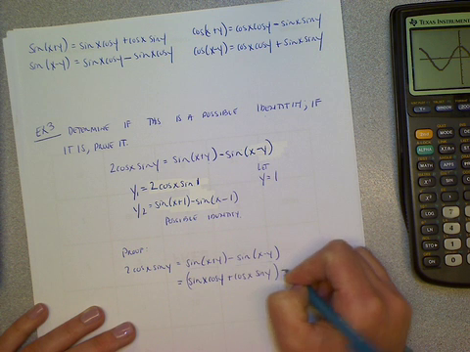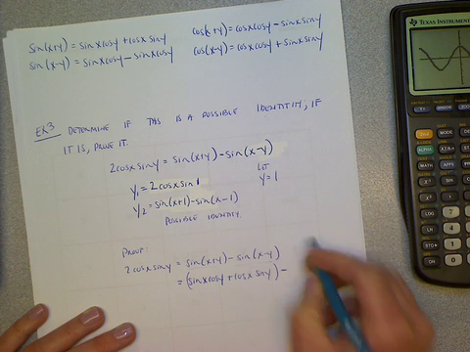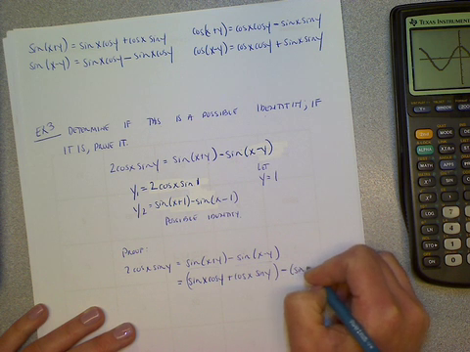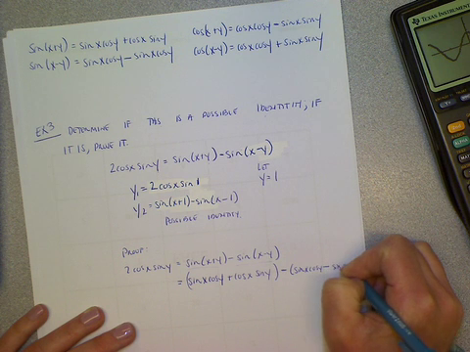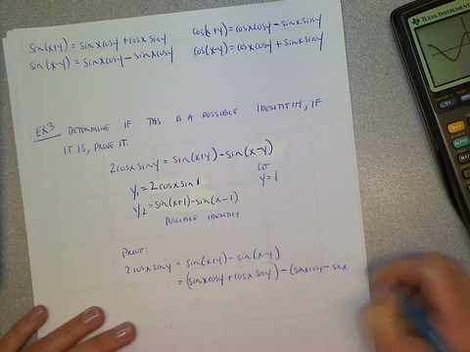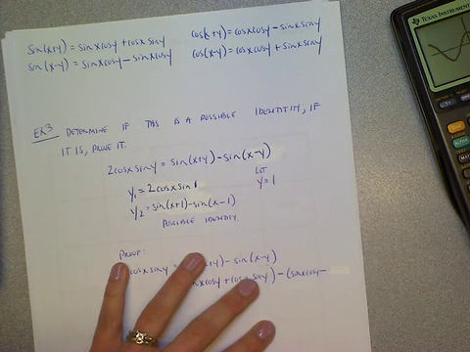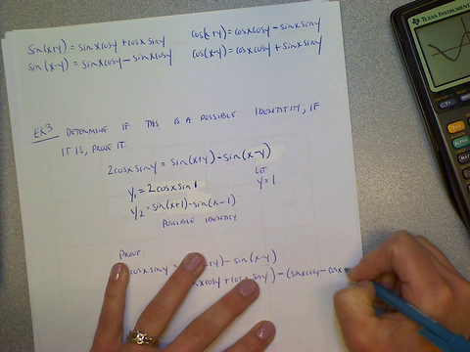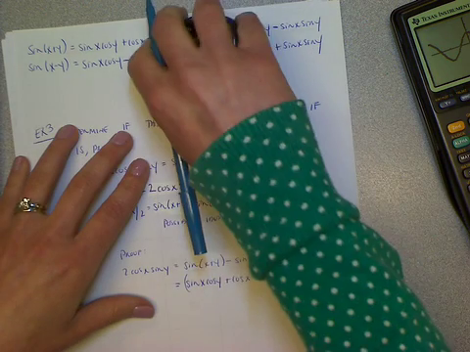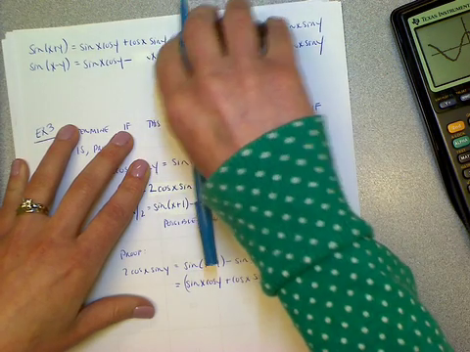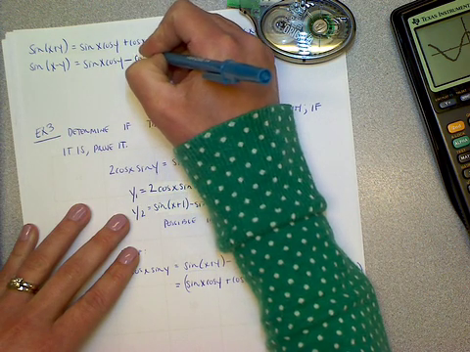Now be careful on the second one, we're subtracting the subtraction identity. So it's minus sine x cosine y minus cosine x sine y. I have that wrong up there; it was all getting muddled together.